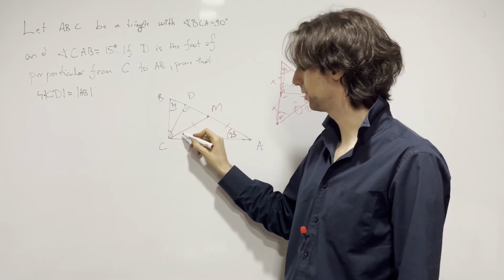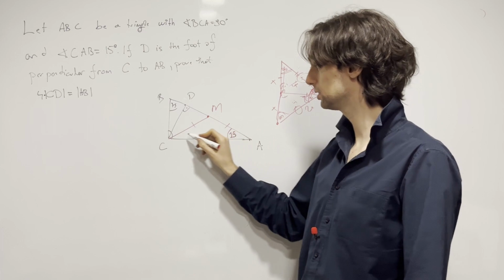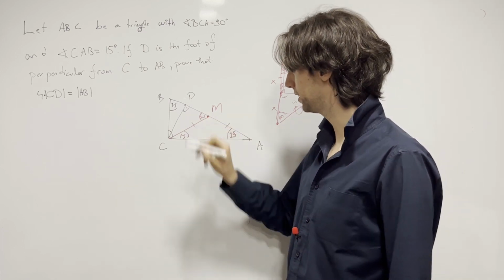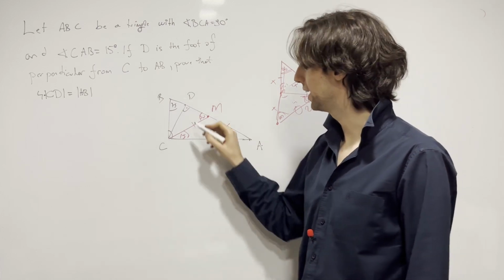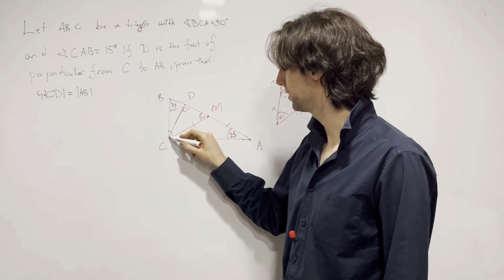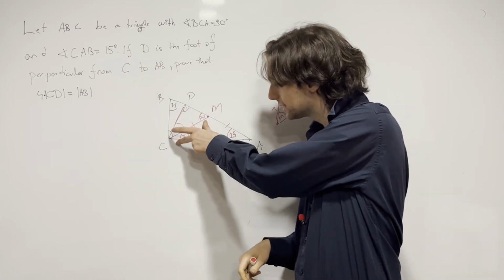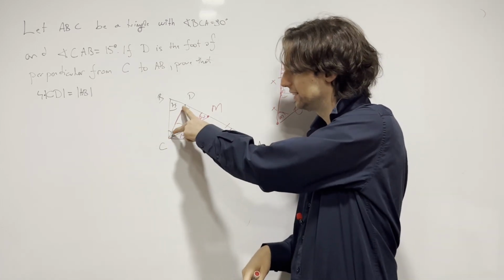And now what do we have when we calculate the angles? Because this is equal to this, then this is 15, which makes this angle 30. And now we have a triangle with 30, 60, 90. And so this is twice the size of this.